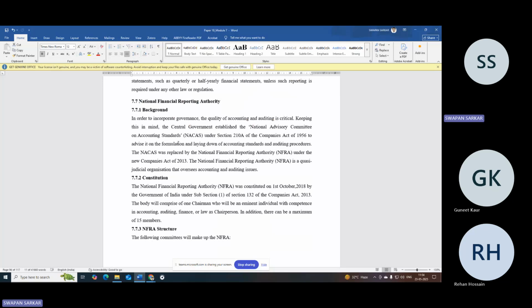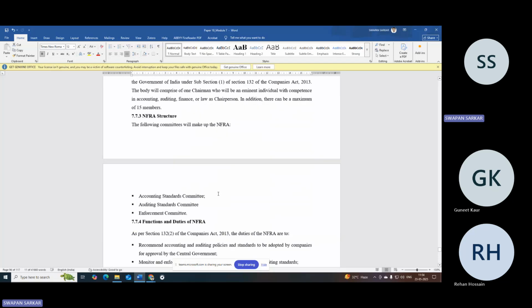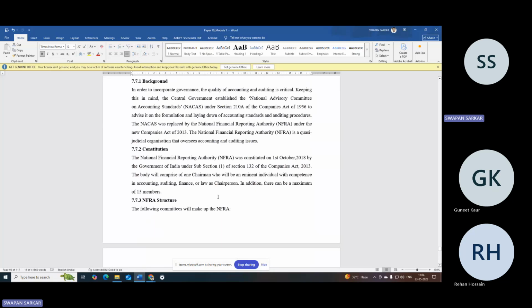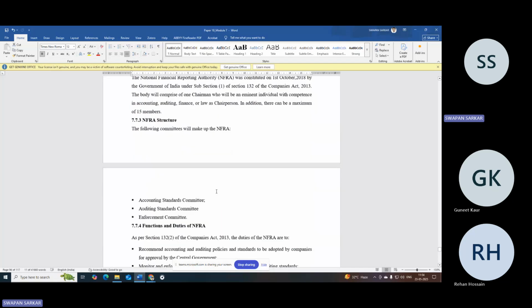In addition, there can be a maximum of 15 members. Then the structure will be the accounting standard committee, auditing standard committee, and enforcement committee. These are the three important committees to be included under NFRA.